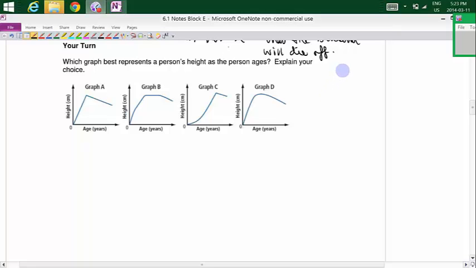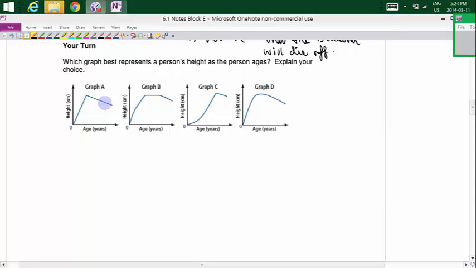Okay, some people will grow more quickly at certain times than others, but you will eventually reach your maximum height. And you'll stay like that for a number of years, right? I don't know, maybe you finish your growing at 19, and then for the next 20, 30 years, you're going to stay the same height. And then when you reach your senior years, your height starts to drop off.